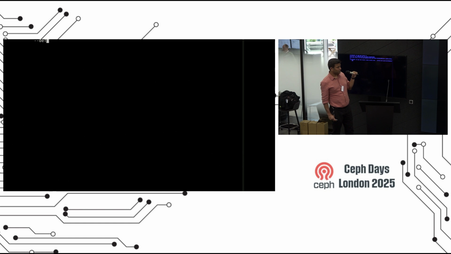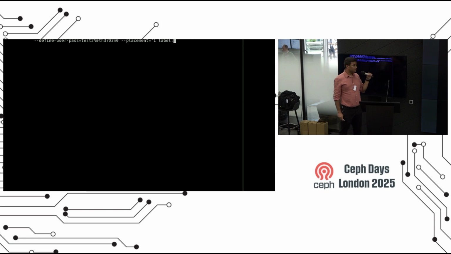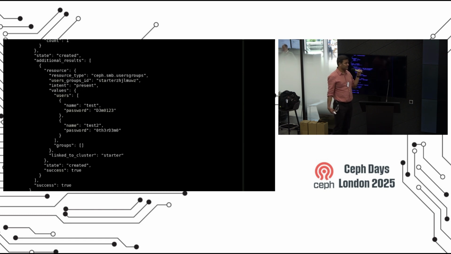We're creating 2 users here, test and test2. And we set placement to the host marked starter, or marked first, sorry. So this cluster is running on a single node. So there is no clustering enabled for it.